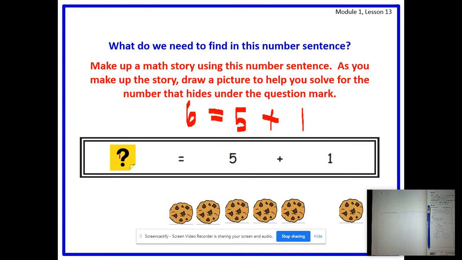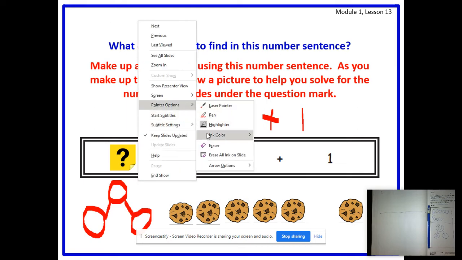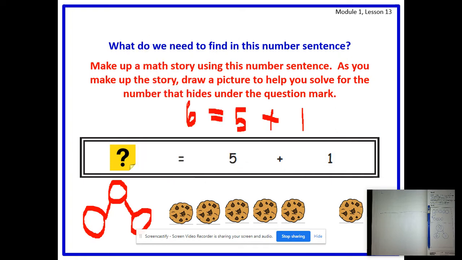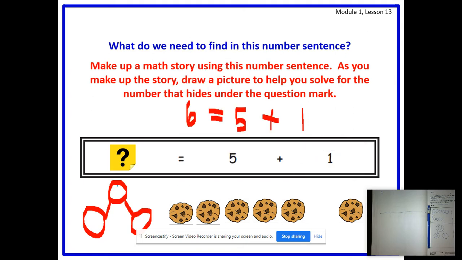Now let's draw out the number bond. So I'm going to draw a number bond. And let me change my ink so that we're able to see. So what is my total? Get ready. 6, right?